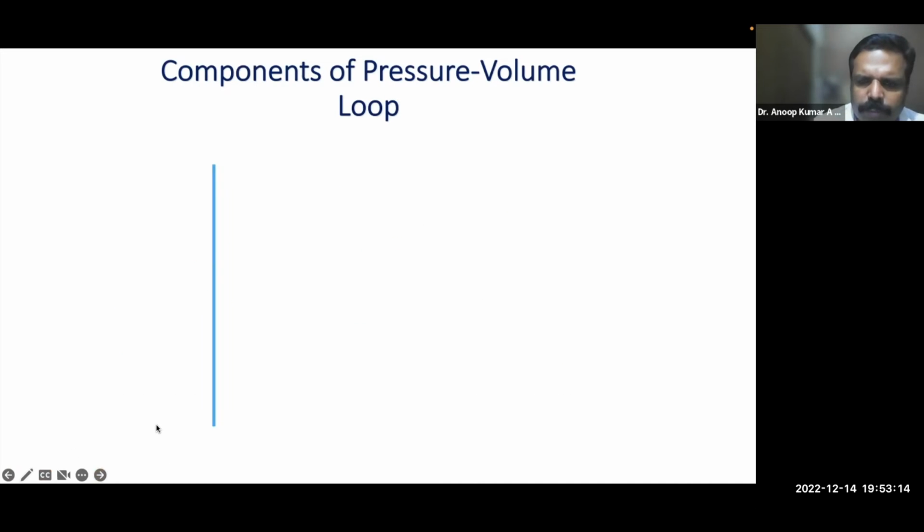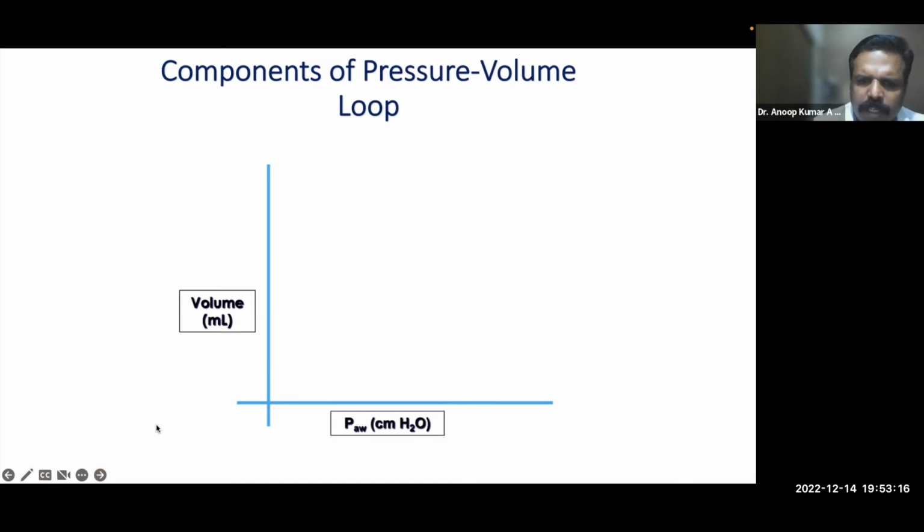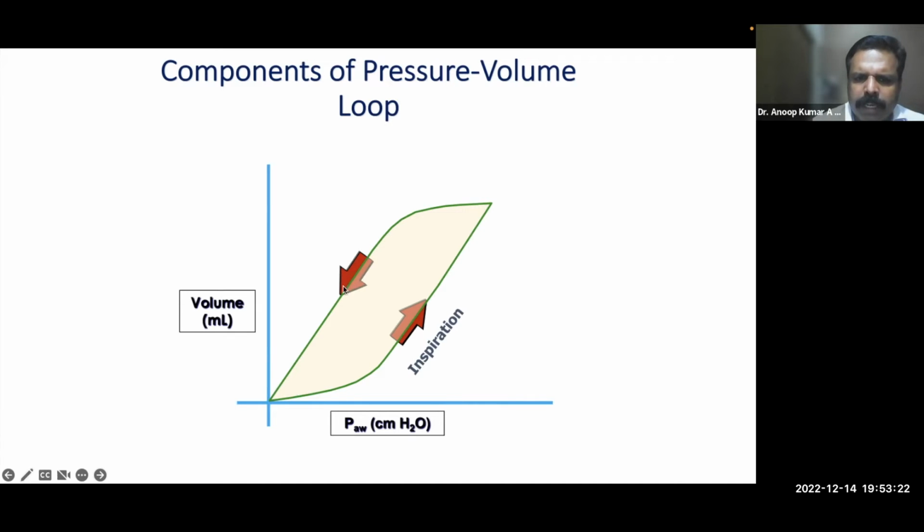See the components of the PV loop. I've already told this. We have an inspiratory part here, followed by an expiratory part. This is the peak inspiratory pressure, and this is the volume part, and this is the pressure part.